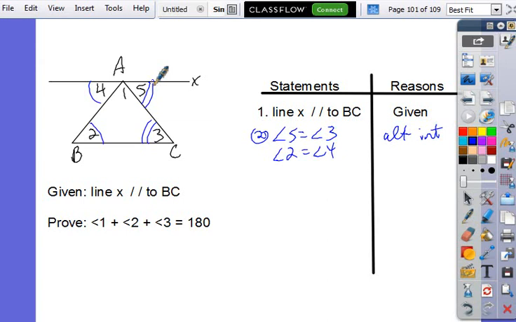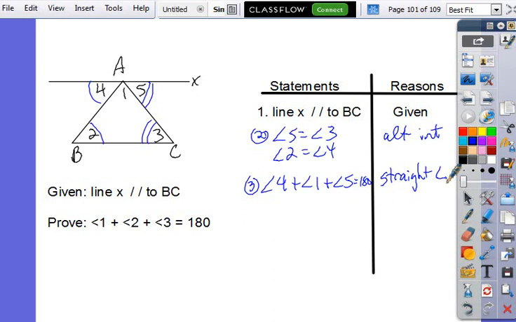Why? Because it makes a line. So I'm gonna say 4 + 1 + 5 equals 180. And what it's called is straight angle. It's not a linear pair because it's got 3 instead of 2. But so be it. It's a straight angle. If you have a straight angle, it makes a line, and a line has to be 180.